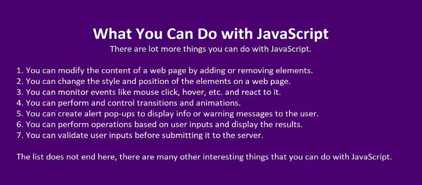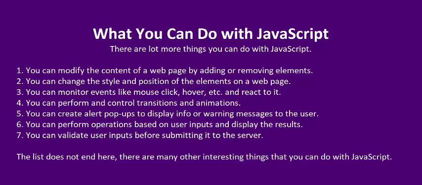One of the things that JavaScript can do is, one, you can modify the content of a web page by adding or removing elements. Secondly, you can change the style and position of an element on the web page using JavaScript.